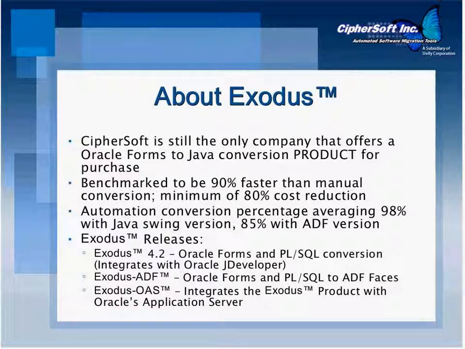One of the other questions that's been asked, and I think it's a really important piece, is can the conversion be done in phases? You absolutely can take a really big project and start doing it in phases. You can run converted Java code with a forms application, 10G or 11G forms.